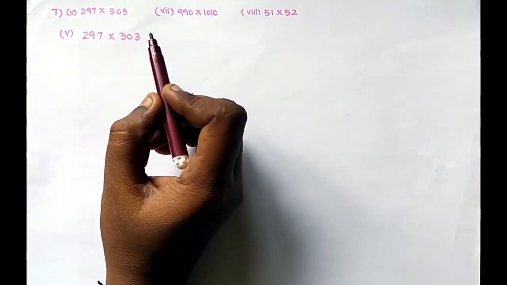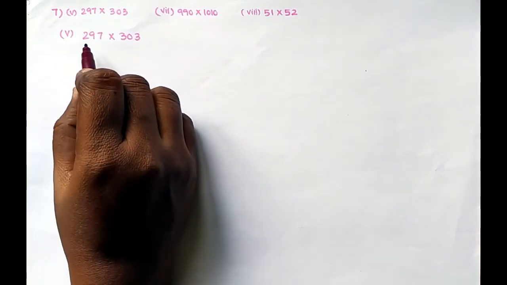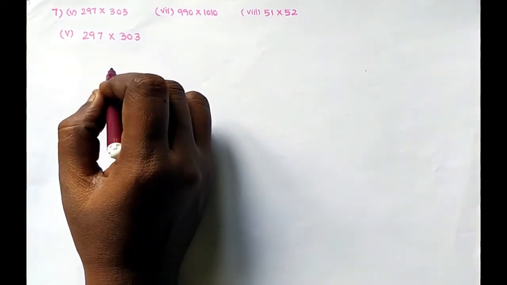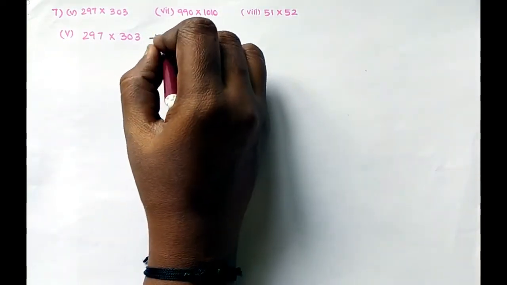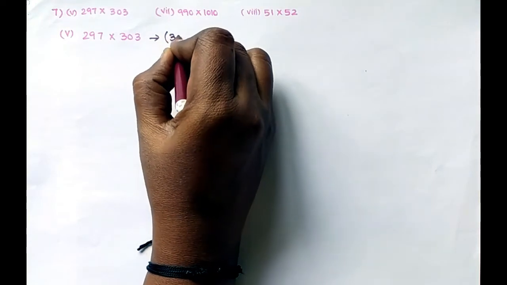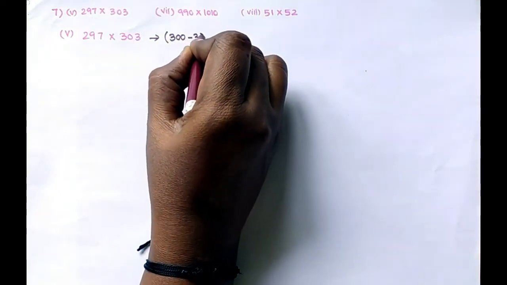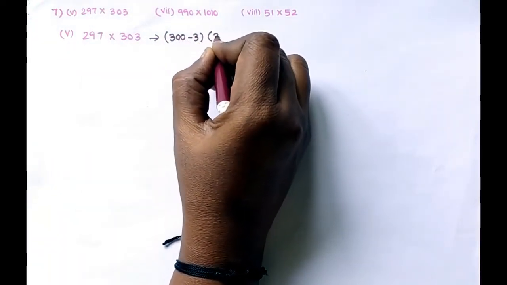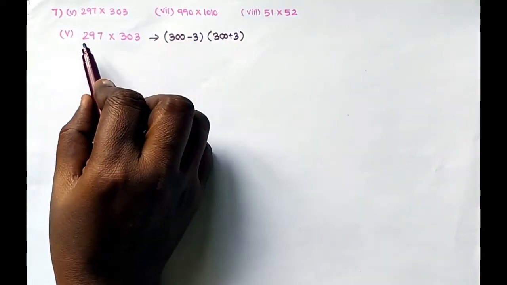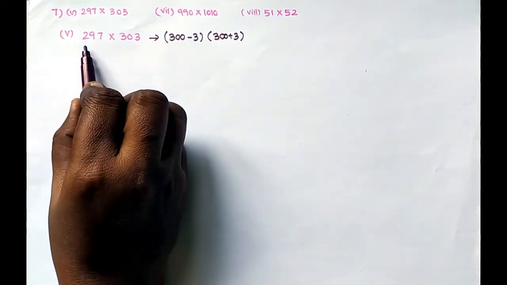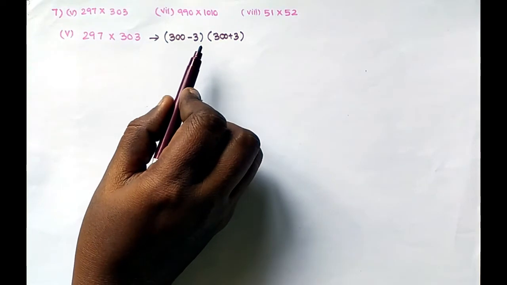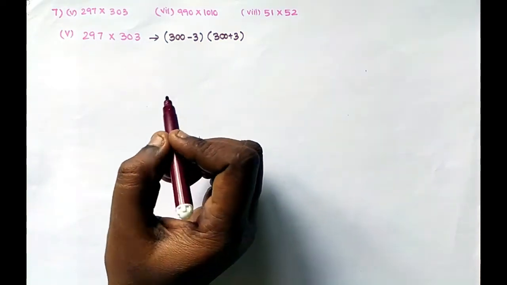Seventh sum, fifth subdivision. 297 into 303. How will you write that? 297, that is 300 minus 3, into 300 plus 3. 300 minus 3 means 297, into 303, that is 300 plus 3.